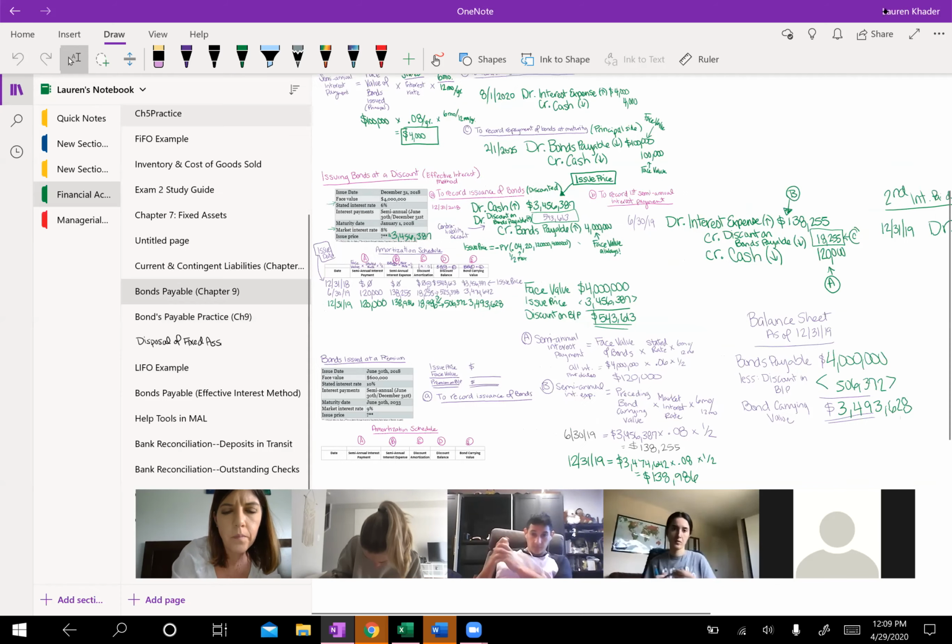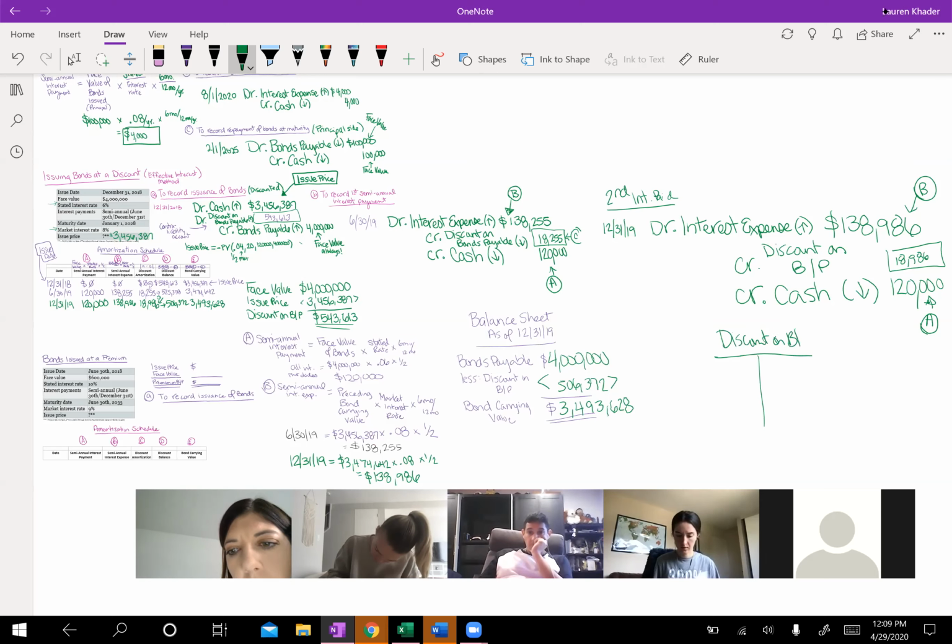Okay, there we go. So discount on bonds payable, this is what would happen to it. Initially, you have the discount, so this is 12/31/18 of 543,613. On 6/30/19, you reduce this account by 18,255, right?